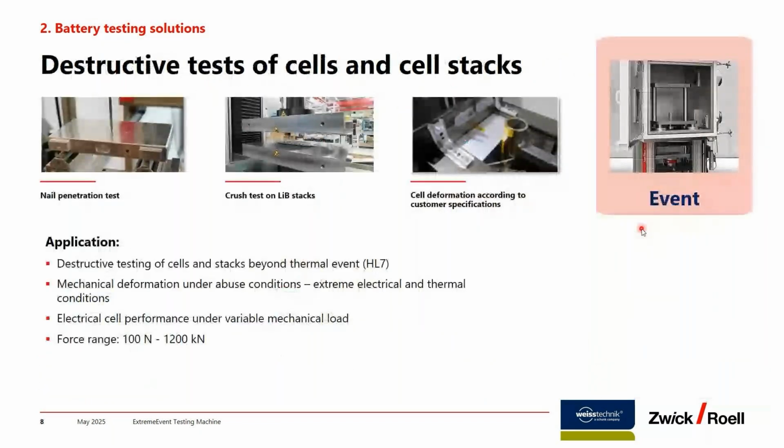I just mentioned before we have different kinds of tests. Well known is the nail penetration, then some crash tests on the battery itself, or some swelling test where you charge and uncharge the battery, or some customer specification tests where they decided to have their own test sequence.